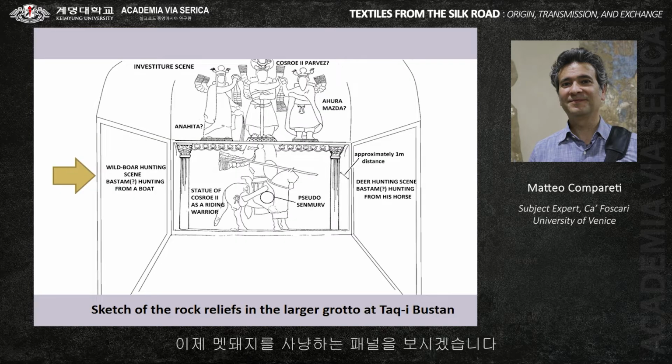Now, if we concentrate our attention on what we have in the wild boar hunting scene, so the panel which is carved in very low relief on the left entering the bigger grotto at Takebustan, then we can have some more interesting ideas about the chronology of this site and who built this place.